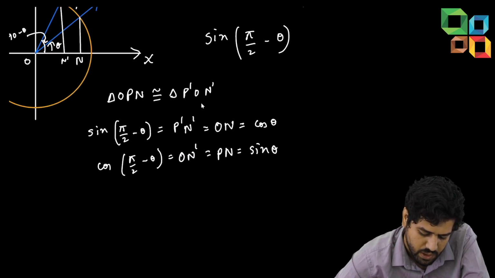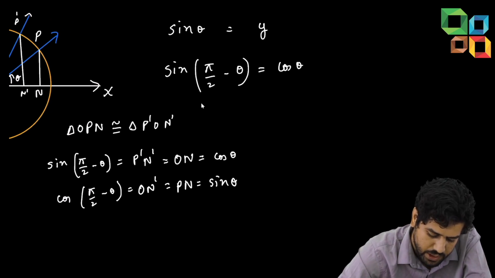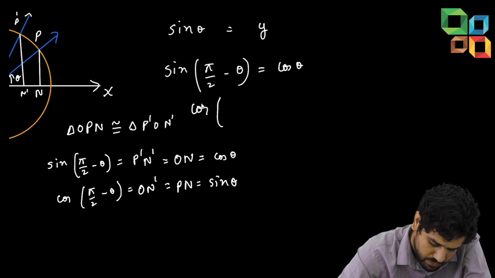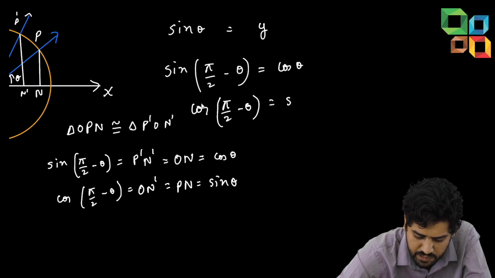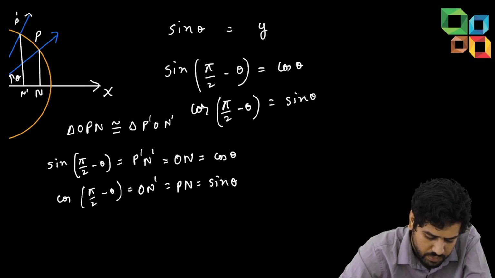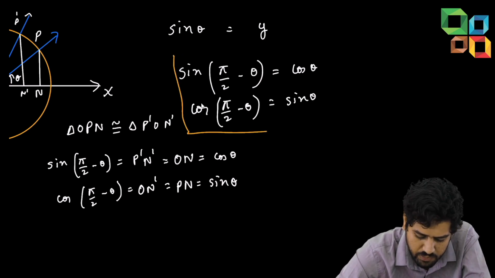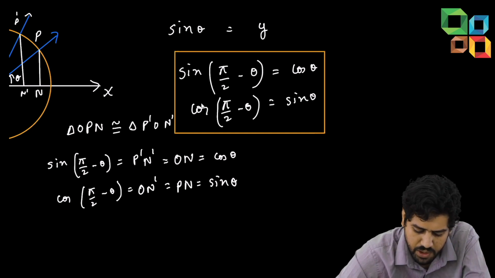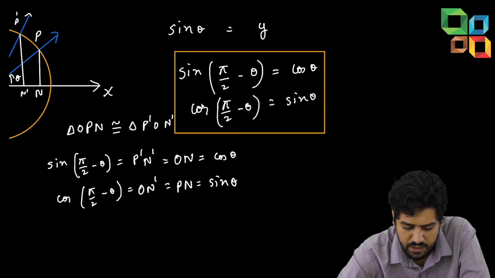Okay. So we have sine of pi by 2 minus theta is cos theta, and cos of pi by 2 minus theta is sine theta, right? So these are very important. You should remember this. Okay.